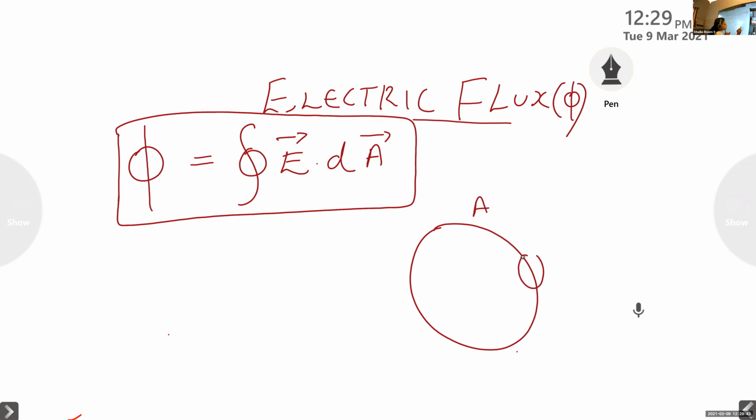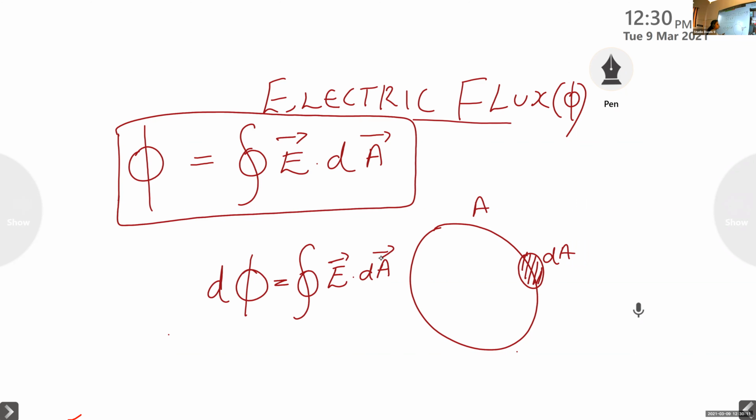I consider a small area anywhere in this figure, represented by dA. So the small electric flux d phi is equal to the closed surface integral of E dot dA. Why a closed surface integral? Because the figure is closed. We have taken the surface as a closed surface.